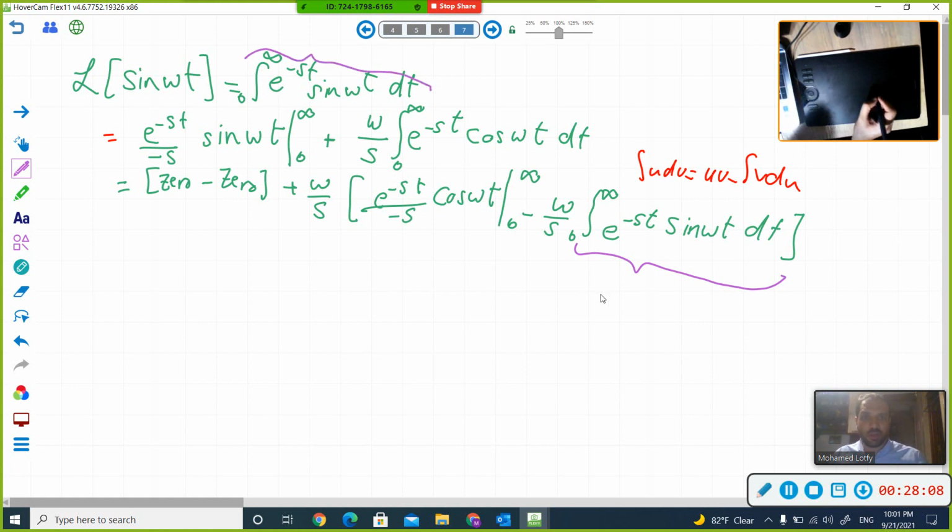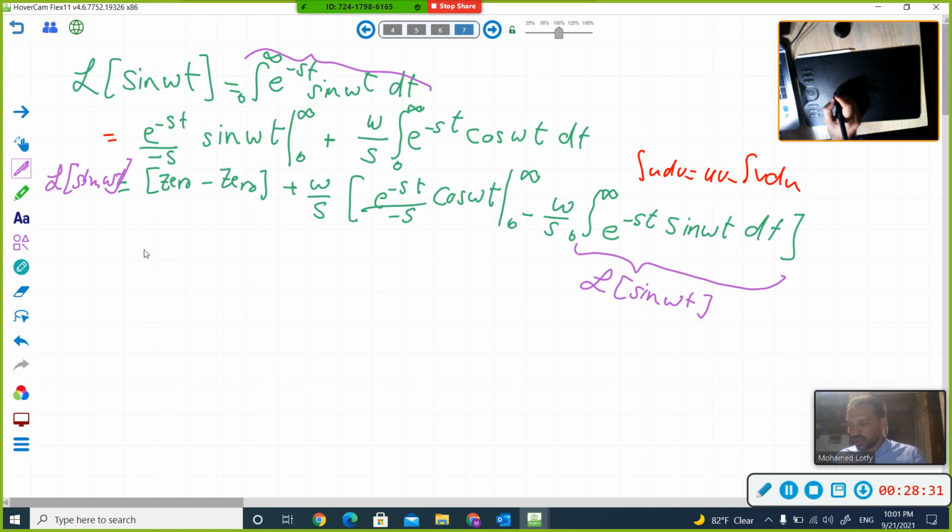So this is the Laplace transform of sine omega t. So we can say that the Laplace of sine omega t equals this term. Let's combine this purple term and that purple term.